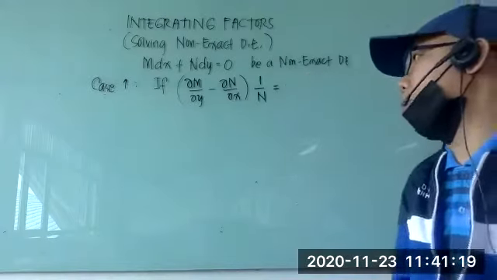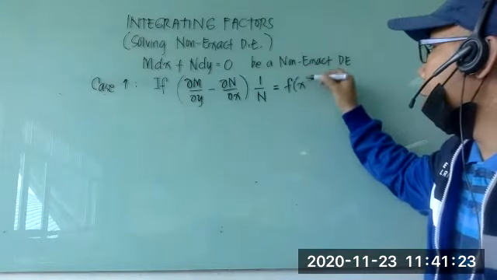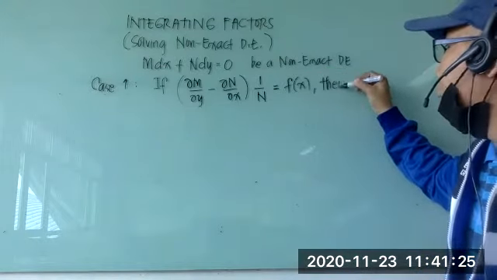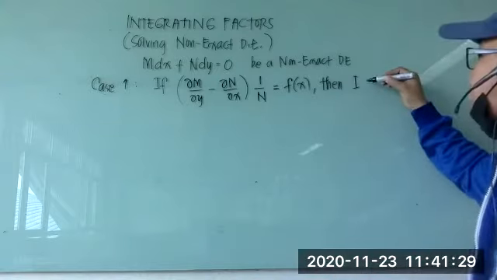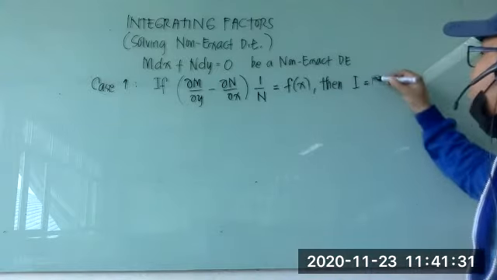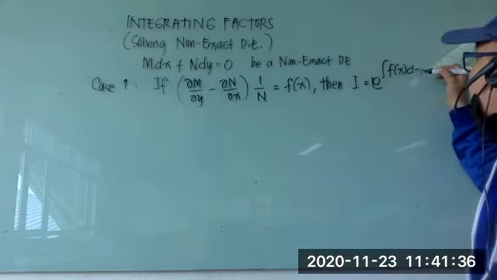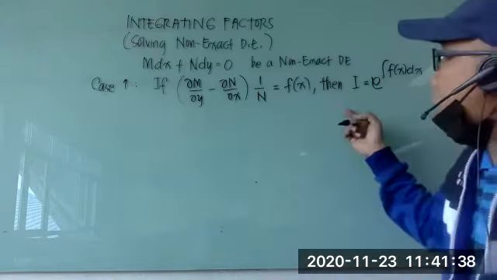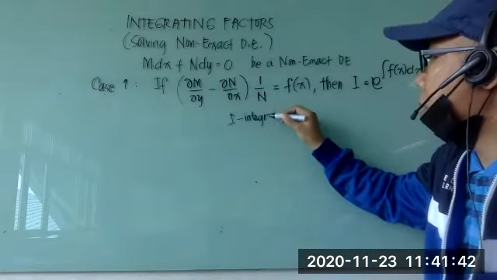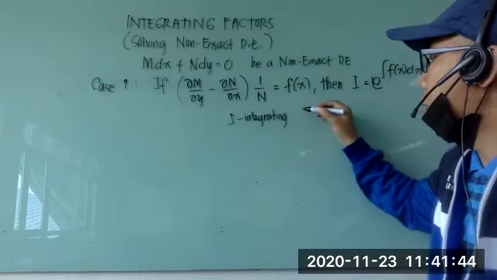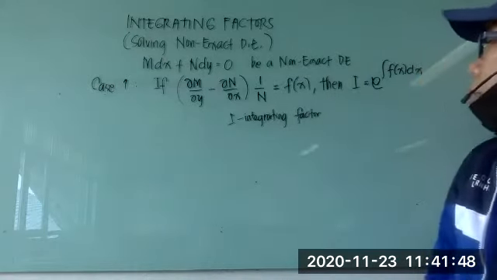is equal to a pure function of x, then the integrating factor that we are going to use is I equals e raised to the integral of f of x times dx. Again, I here means integrating factor. This is by formula.